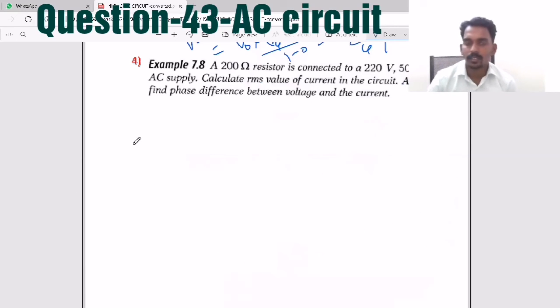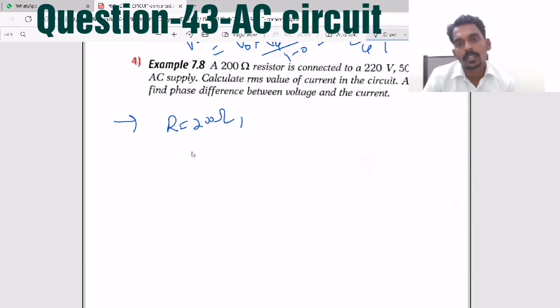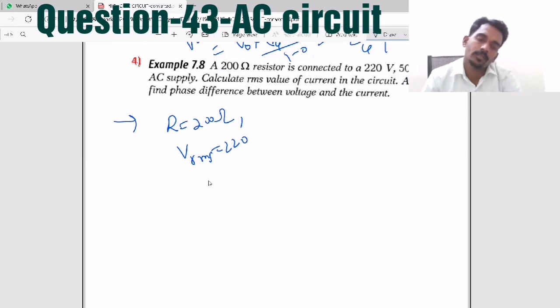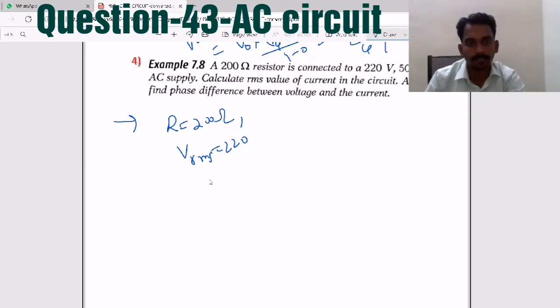Now the next question. As I said, pure resistive or capacitive or inductive, among them anything they can ask. So a 200 ohm resistor, so resistance is 200 ohm, is connected to a 220 volt 50 hertz AC supply. Calculate RMS value of current in the circuit. Also find phase difference. So here V RMS is 220. I RMS they are asking.